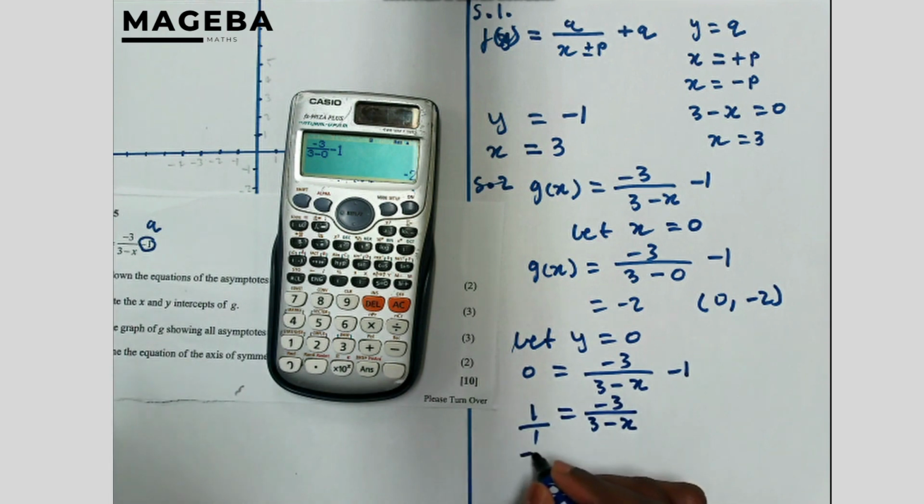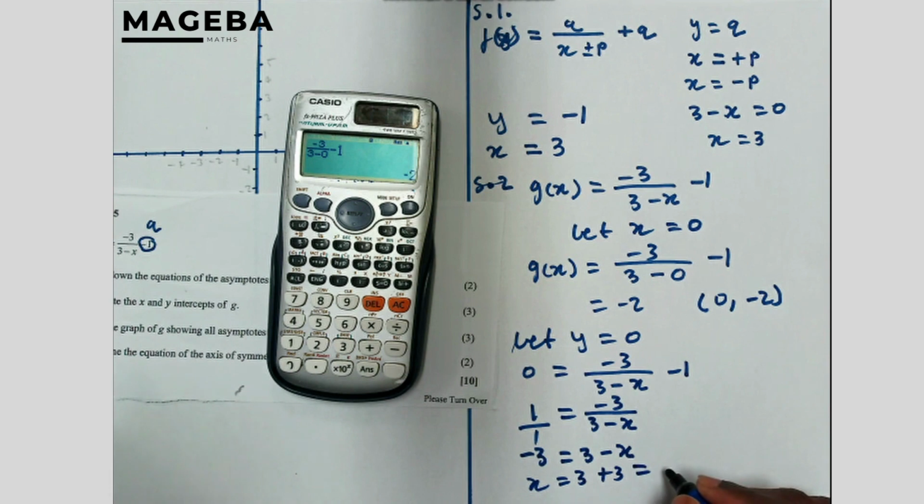Cross multiply, we have -3 equals 3 minus x. We take x to the other side, and 3 to the other side, giving 3 plus 3, which is 6. So our coordinate here is 6 maps to 0.